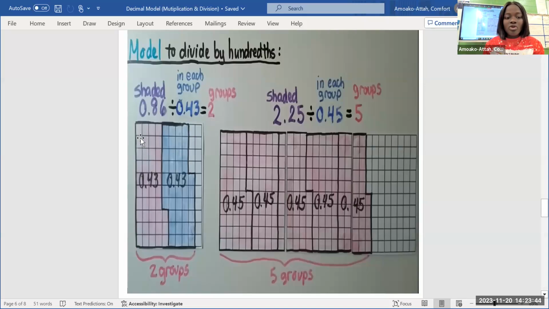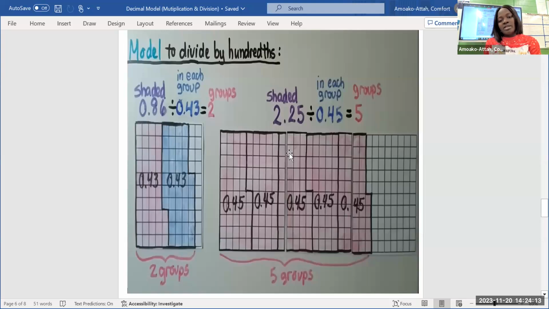It's 86 hundredths because you're going to get 1, 2, 3, 4, 5, 6, 7, 8 tenths, then 6 individual ones, 1, 2, 3, 4, 5, 6 separate ones. So this is the 86 hundredths, and you divide it by 43 hundredths, and it counts how many groups of that you had as your answer.